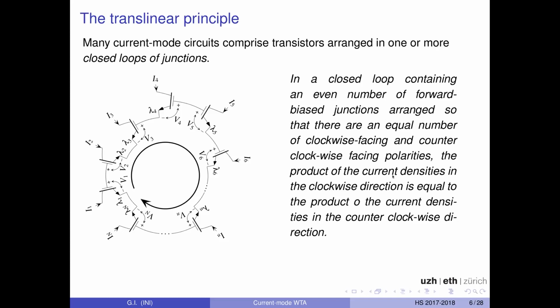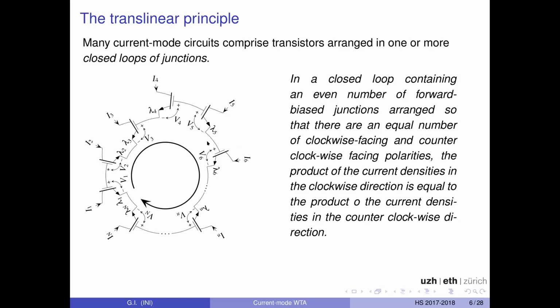So this is a complicated definition, but you'll see it becomes really simple when we look at circuits. I'll explain it in simpler terms. Essentially, when you have a circuit and, let's say, clockwise, so if you go from VGS from bottom to up, from the source to the gate for a certain number of elements, and then you have the VGS going from the gate to the source in another set of elements, the product of the currents from bottom to up is equal to the product of the currents from top to down.